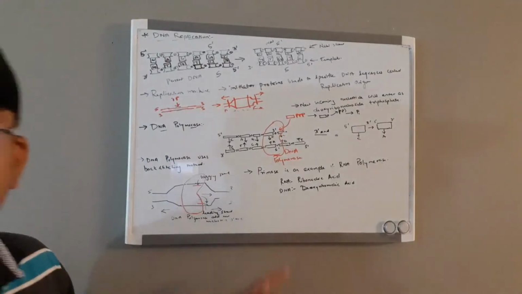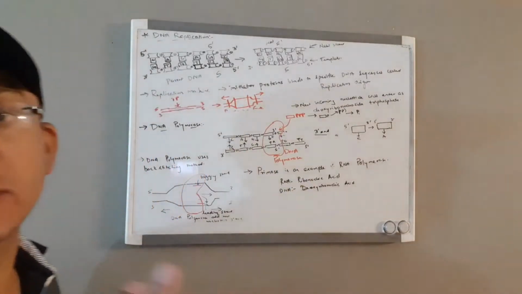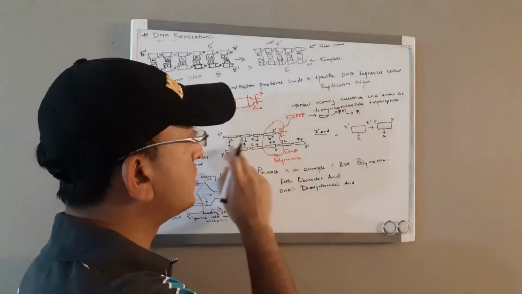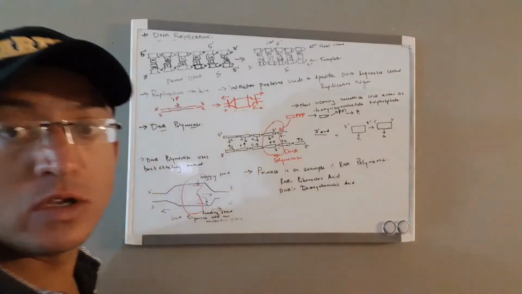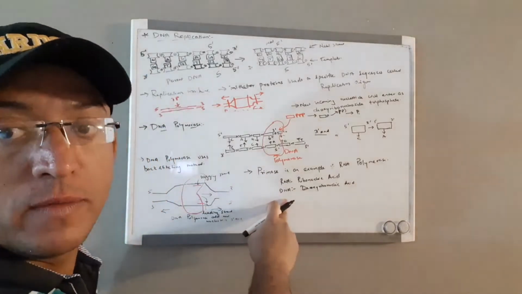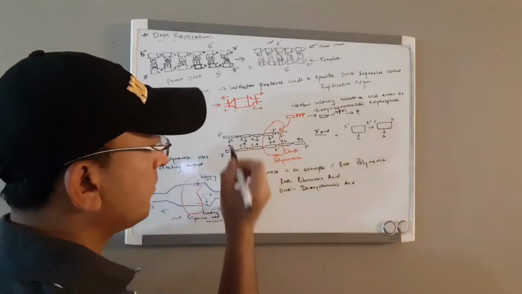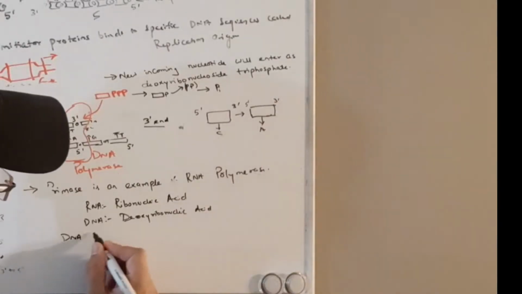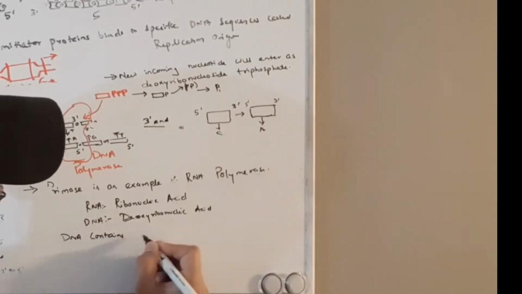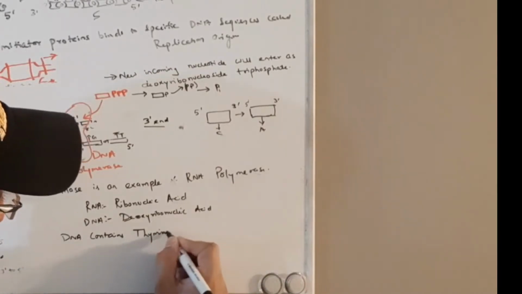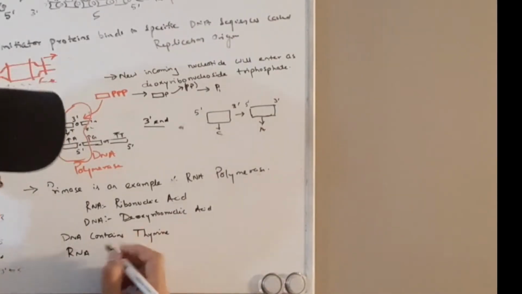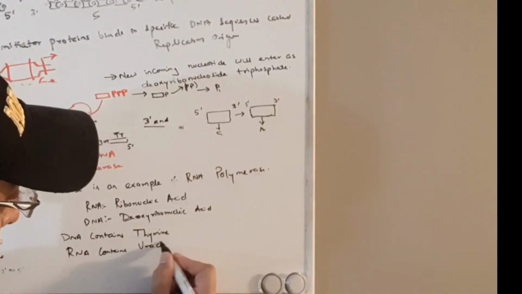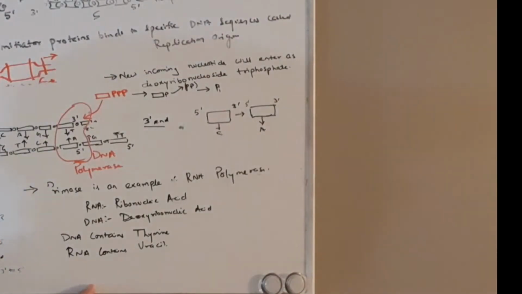And RNA and DNA also differ in the bases. Like DNA, we know, contains thymine, T, as a base, right? But RNA does not contain thymine. It contains uracil. Yes, so that's the only difference.